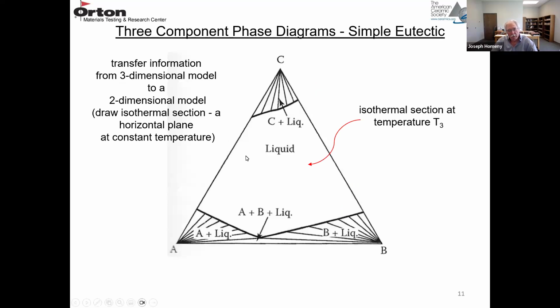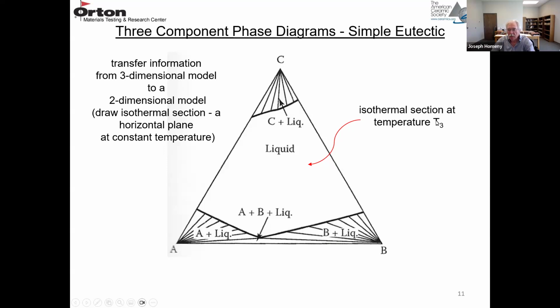So you can also make isothermal sections. So you can transfer the information from this three-dimensional model to a two-dimensional model by drawing an isothermal section. So this is just a horizontal plane parallel to that equilateral triangle in our three-dimensional model, a horizontal plane of constant temperature.